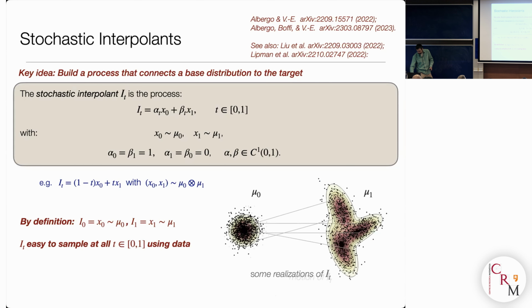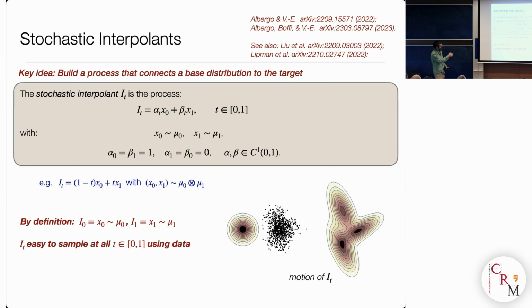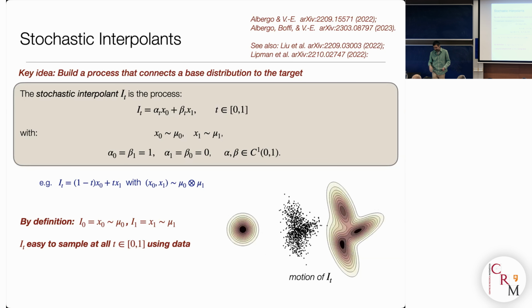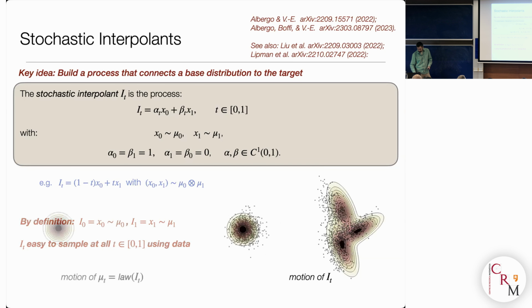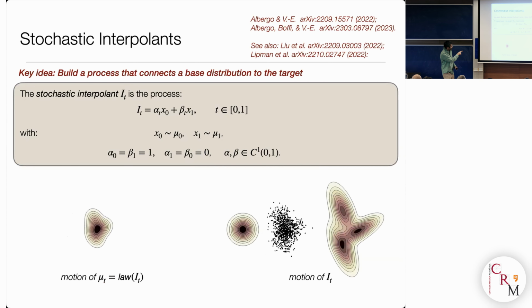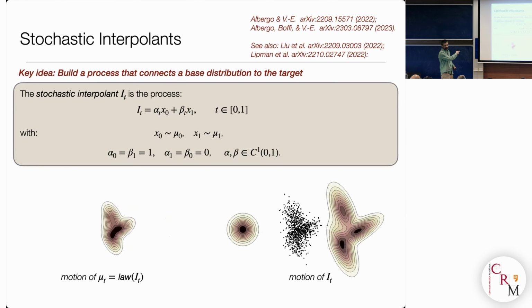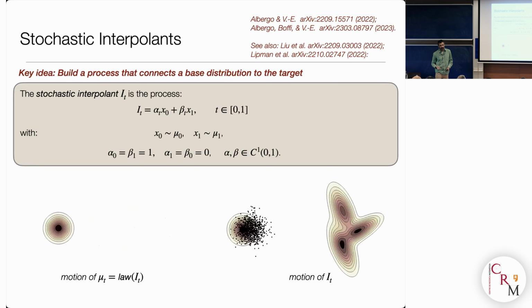And then this of course induces a motion. This is how these samples that have been paired would move if you vary t from 0 to 1 and 1 to 0, back and forth. In turn, this induces a motion of the law of this interpolant, which is of the measure itself, which is depicted here. Okay?